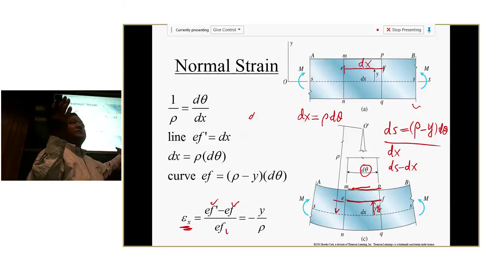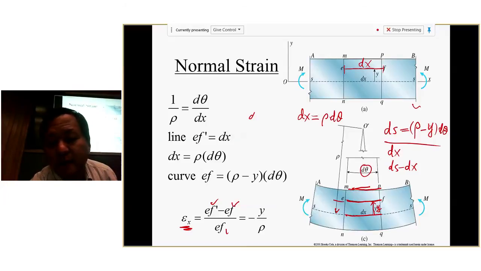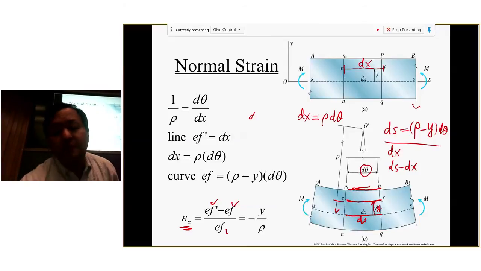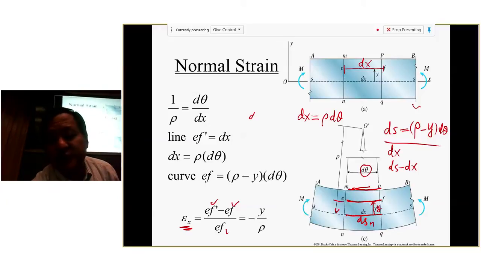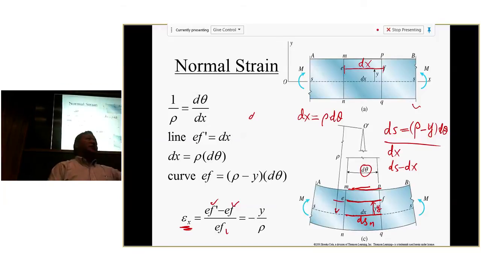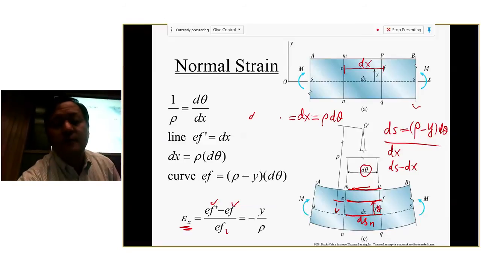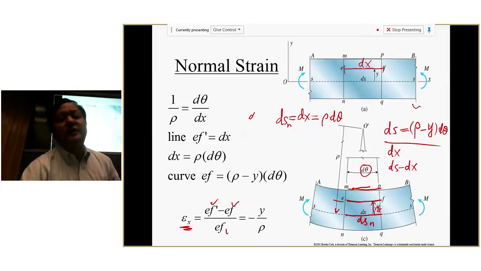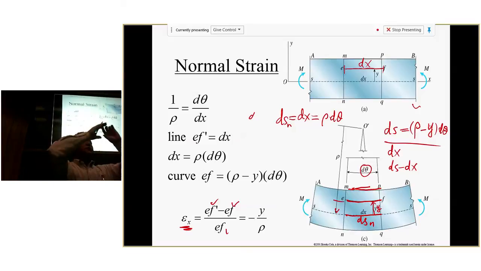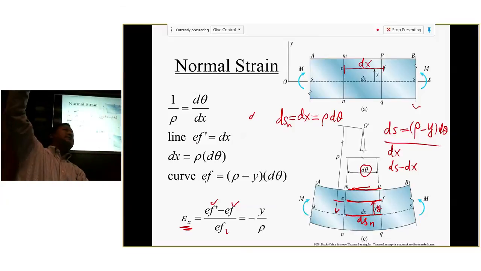Because it's the neutral axis, there's no deformation there, right? So for this line here, this ds here, we call ds neutral, is equal to dx. And this ds neutral equals dx. And that's supposed to be equal to rho times d theta.